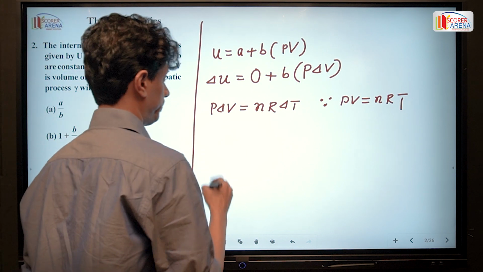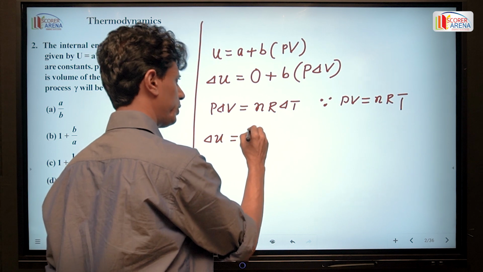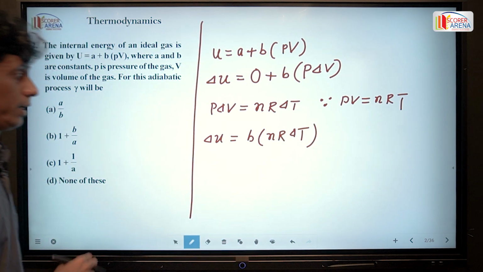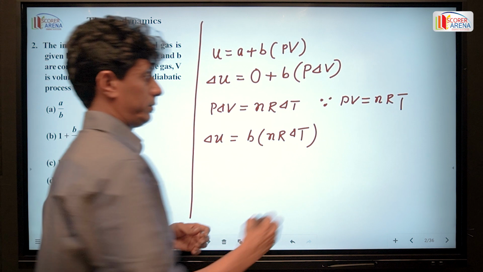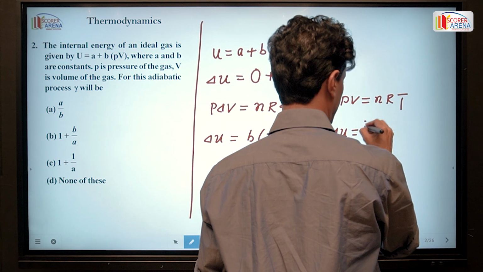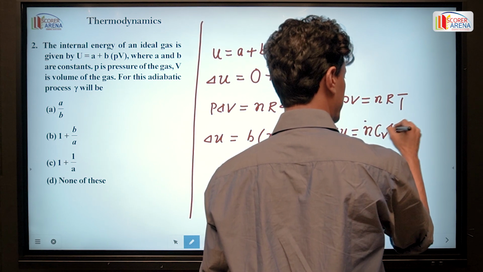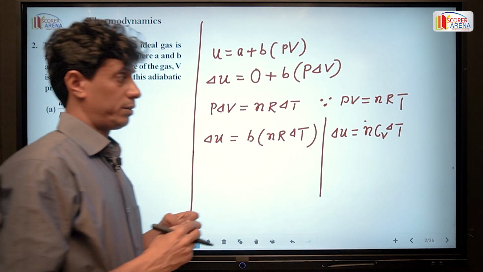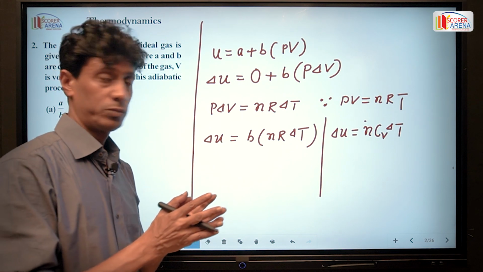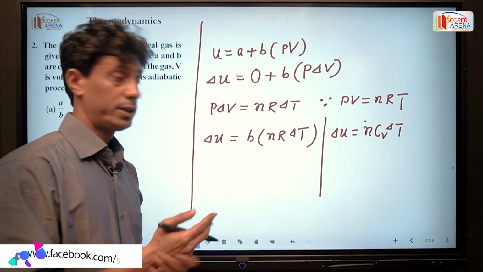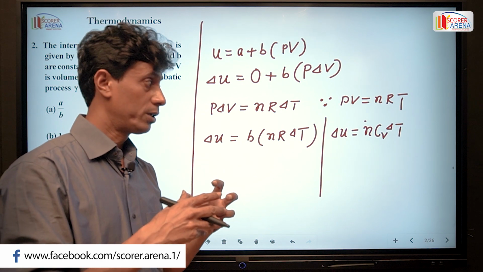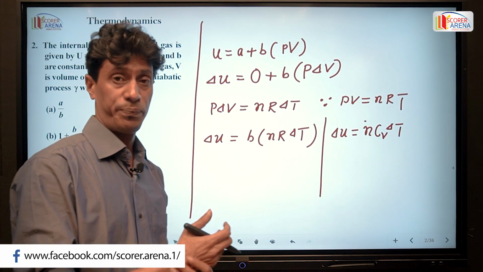So putting this value, del U is equal to, we can say, nR del T. We know the internal energy by the formula is nCv del T, because the heat supplied to the gas at constant volume raises the temperature by del T. Since no work is done by the gas, the total heat supplied goes to change the internal energy of the system.